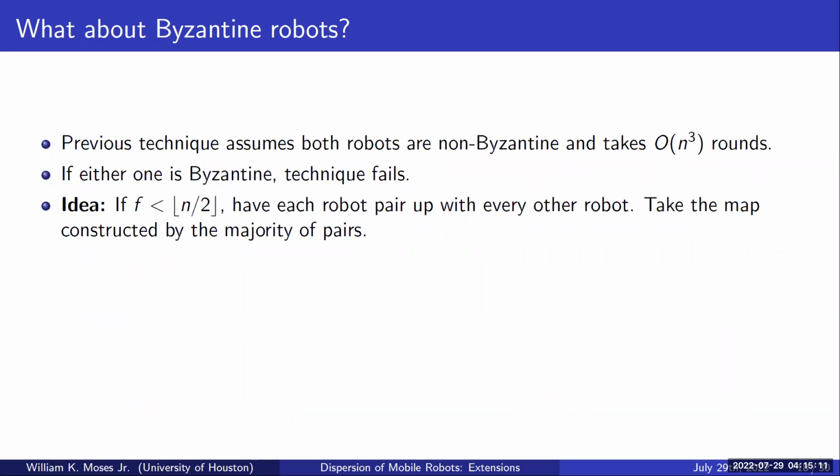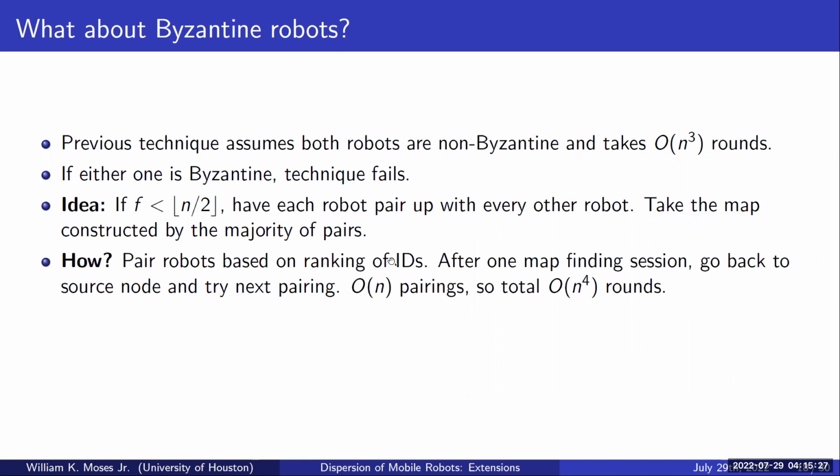And because there are more than n by 2 good guys, there will be more than n by 2 good maps. In other words, the same map. And so this majority map will be the correct map, and all good robots will learn it. The only catch is, in order for these robots to pair up with each other, it would take O of n such pairings. And remember, for a given pairing to construct the map, it takes n cubed time. So totally it would take n power 4 time.